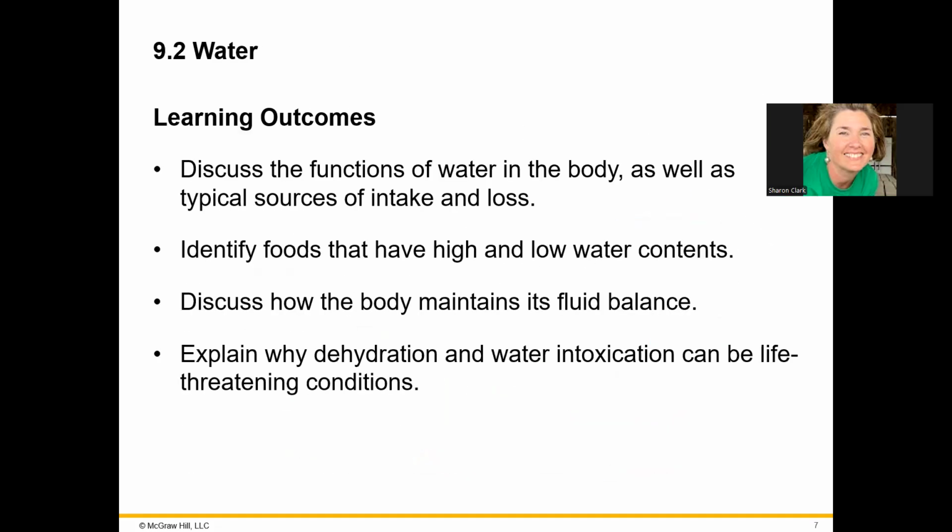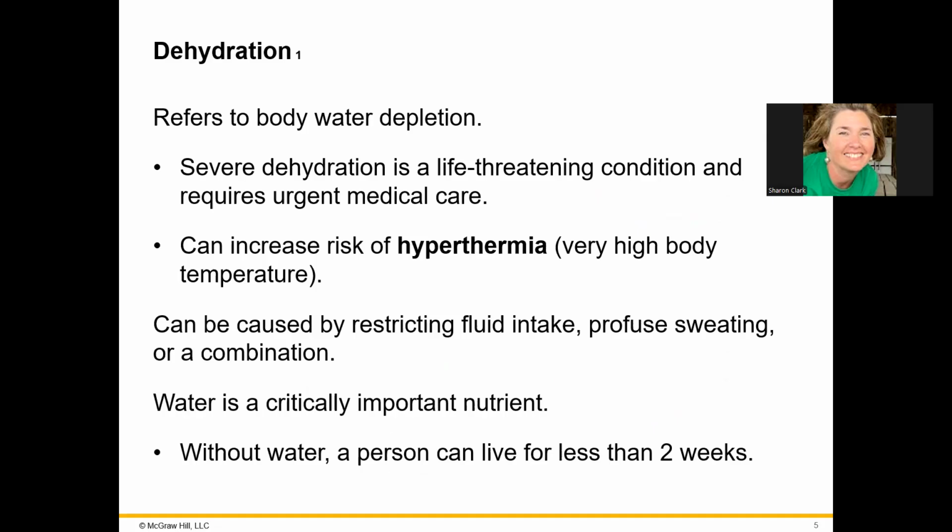When we have very little or not enough water, that is referred to as dehydration, or the body being depleted of water. It is a serious, life-threatening condition. It can lead to hyperthermia, heat stroke, heat-related issues. The body shuts down.